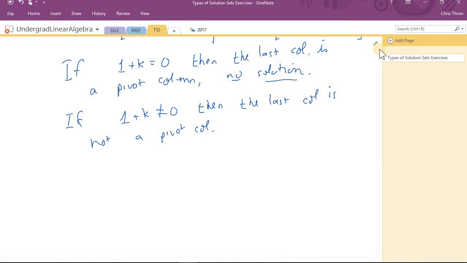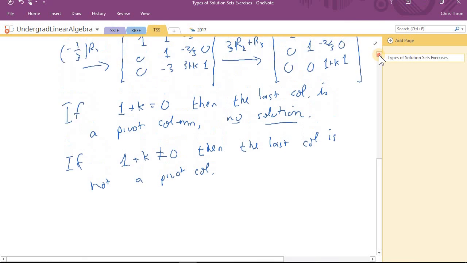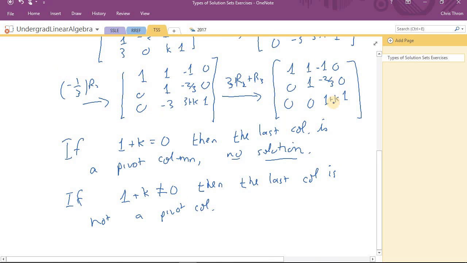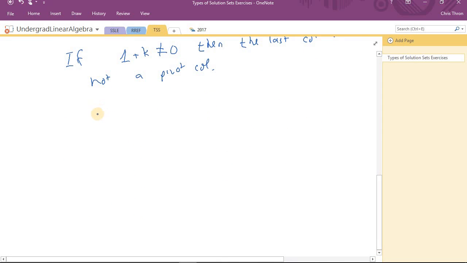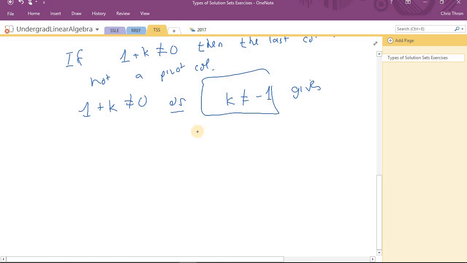And we can see that by, if I have a number here that's not 0, then I can divide by that, put a 1 here, and then I can get rid of these and make those 0 and make this 0 and make a row-reduced form. But if 1 plus k is equal to 0, I can't do that. So the condition is, 1 plus k is unequal to 0, or k is unequal to minus 1, gives a consistent system.